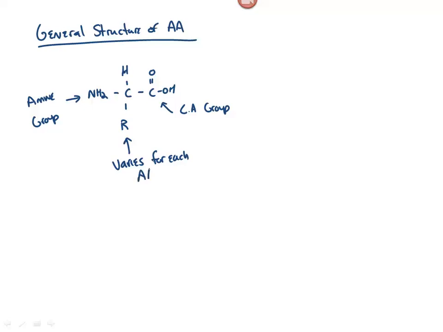And that's what makes each amino acid unique, is they have a variety of different R groups. That R group can be as simple as another hydrogen atom, or it can be as complex as benzene rings and various other more complex shapes. The carbon that connects it all together is quite often called the alpha carbon.